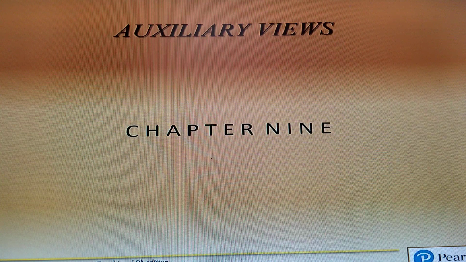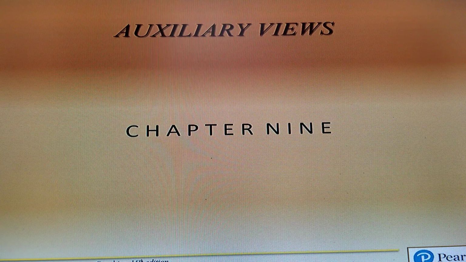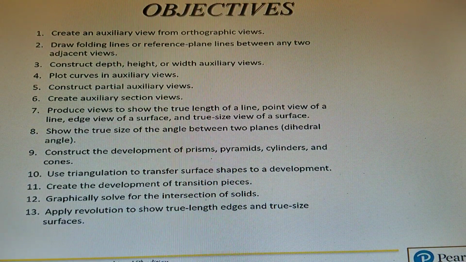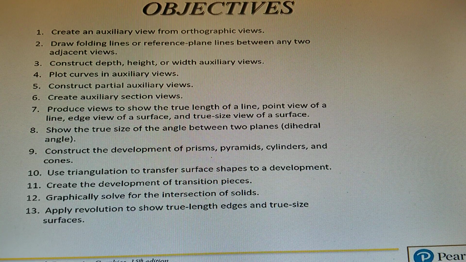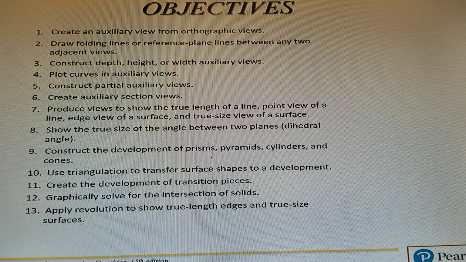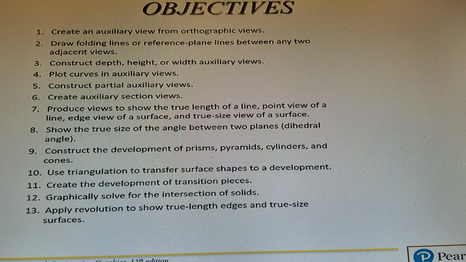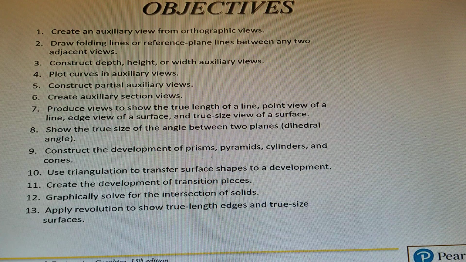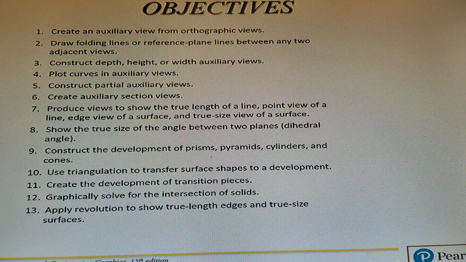So what we're talking about today is auxiliary views, and these are the objectives. We're going to create an auxiliary view from orthographic views, draw folding lines or reference plane lines between any 2 adjacent views, construct depth, height, and width auxiliary views, plot curves on auxiliary views, construct partial auxiliary views, create auxiliary section views.